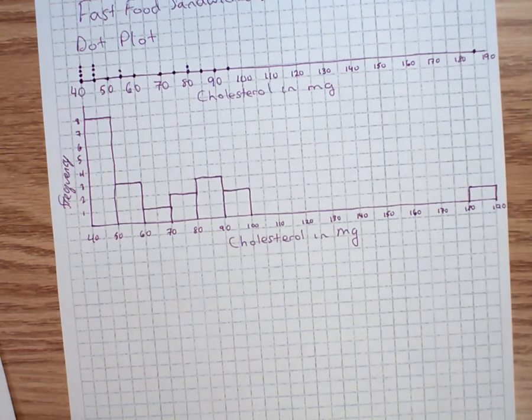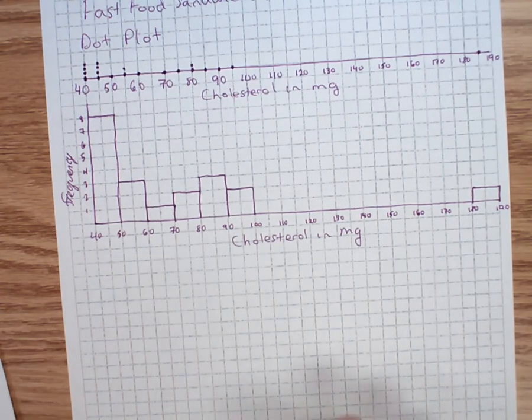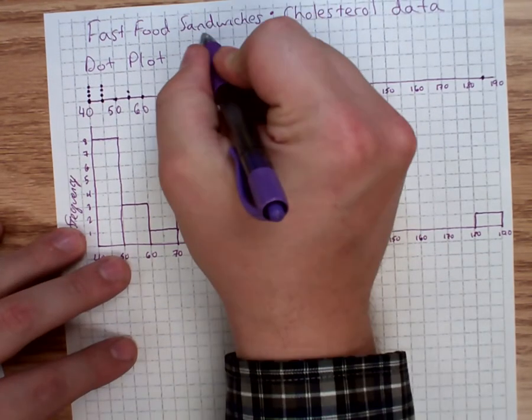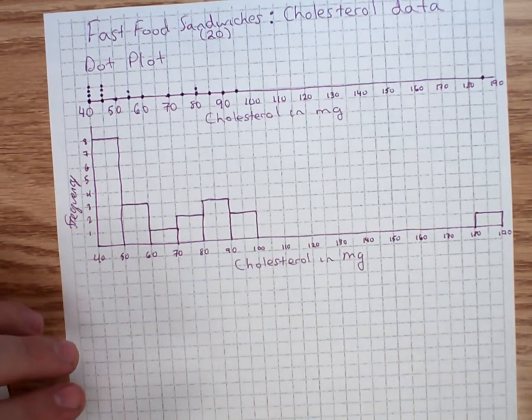Oh, it's just 20. I counted one of them twice. Very good. Okay, so there are 20 total sandwiches, right? So I remember that. I'm gonna put that underneath the sandwiches so I can remember how many there are.